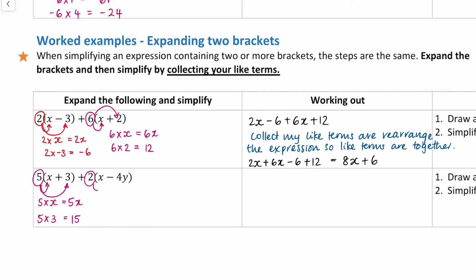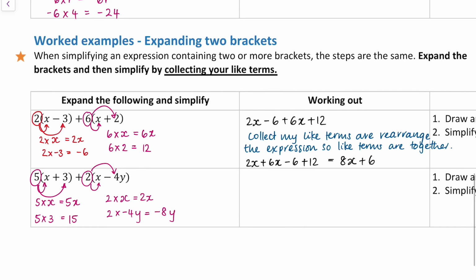Then we have positive 2 times x for 2x, and 2 times negative 4y to give me negative 8y. Now again, writing these all together, I'm going to have 5x plus 15, because remember 5 times x was 5x, 5 times 3 was positive 15, then 2 times x was 2x, then 2 times negative 4y was negative 8y.